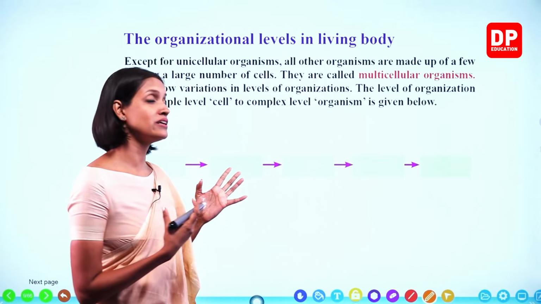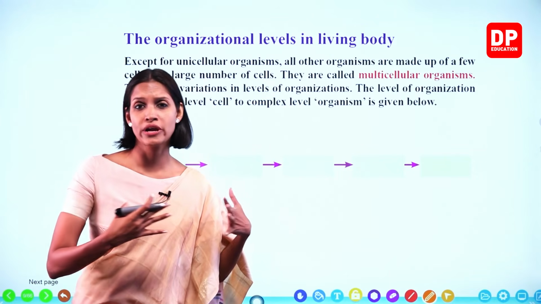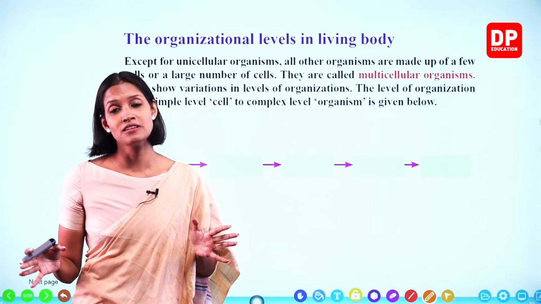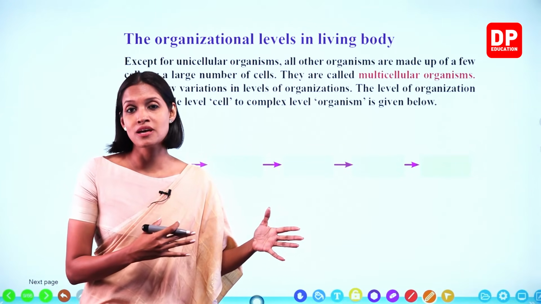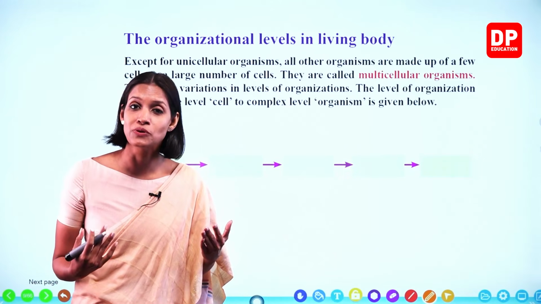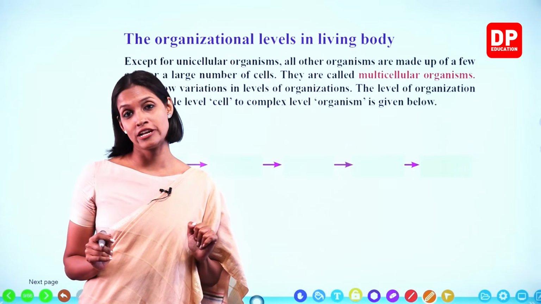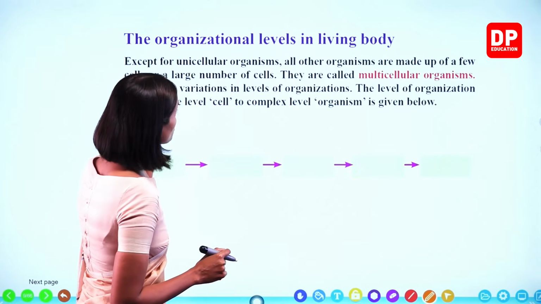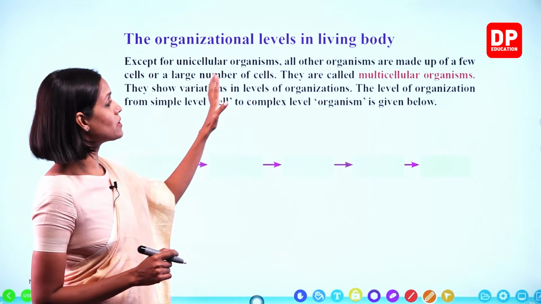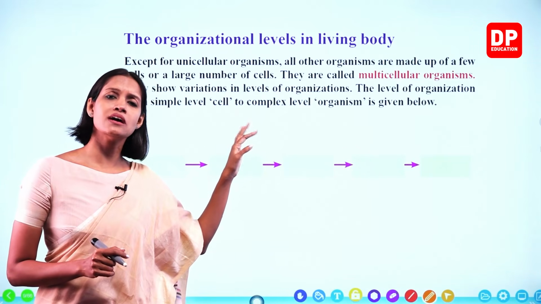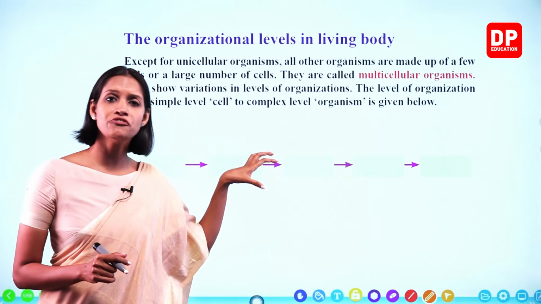Now we are going to learn about the complex forms of organisms. All the other organisms, apart from those unicellular organisms, are made up of a number of cells. Therefore, these are known as multicellular organisms. Except for unicellular organisms, all other organisms are made up of a few cells or a large number of cells. Some organisms are made up of a few cells.